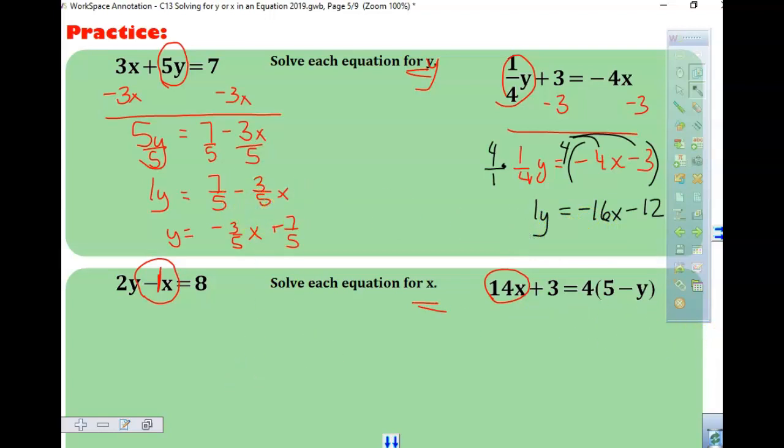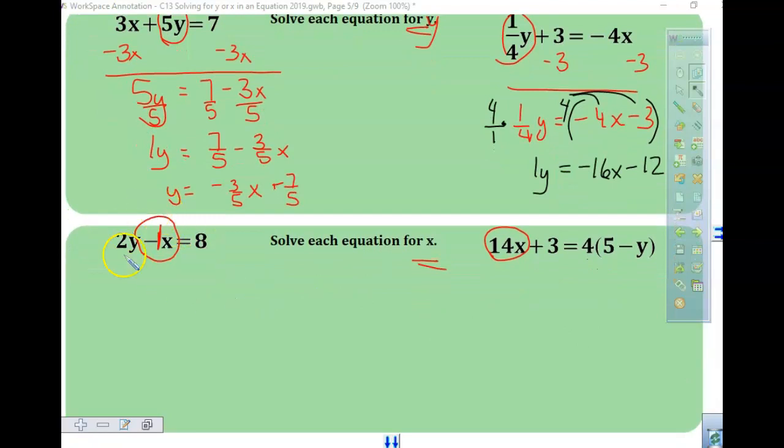And again, if you need to pause the video as you are looking to solve for x, I am going to work through those, but try it on your own first and then unpause the video and see if you can do it with us. I'm going to subtract 2y because I'm isolating the x. As I subtract 2y, I am going to end up with a negative 1x equals 8 minus 2y.